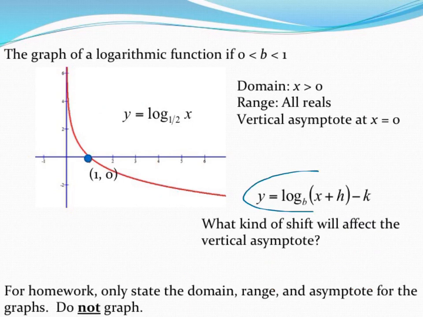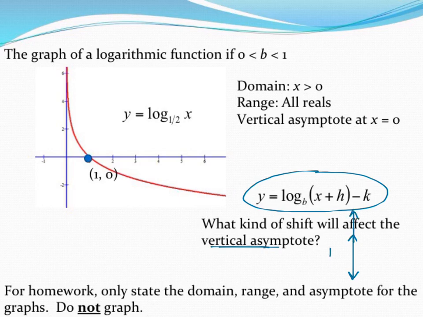So right here I have our logarithmic equation with h and k, our good old friends h and k. H is still our horizontal shift, and it does the opposite of what it says, and then k is our vertical shift. The question is, what kind of shift will affect our vertical asymptote? Well, if you imagine a vertical line, because that's the kind of asymptote we have, moving that up or down won't change it. Like if I draw it up here, it's still the same vertical line.